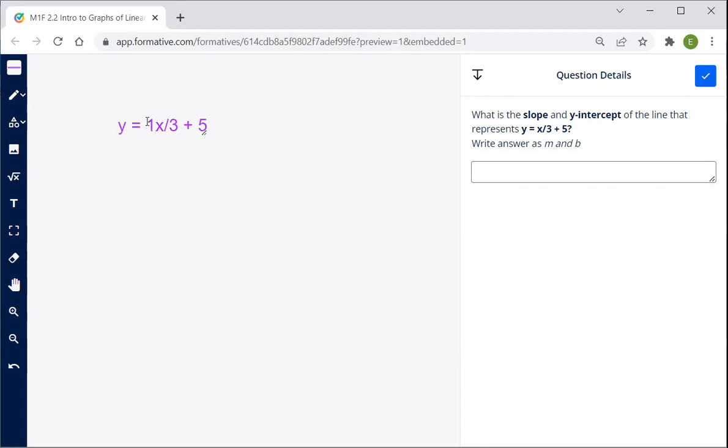Remember, in front of an x, we always have a 1. So the number in front of x is this together, so it's going to be 1/3. And then your b value is 5. So you have 1/3 and 5.